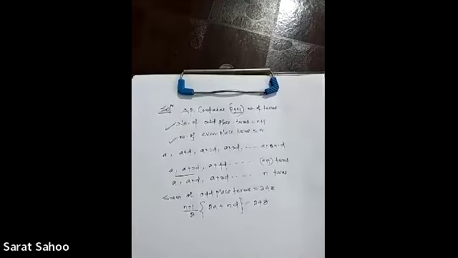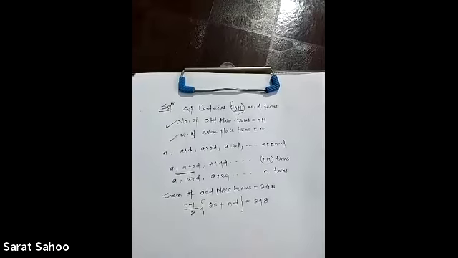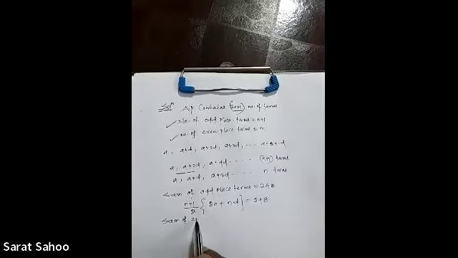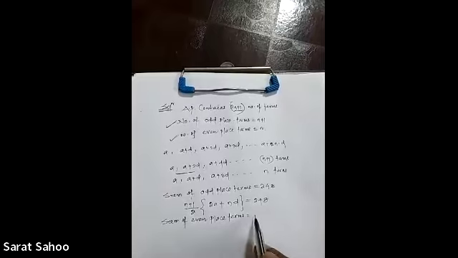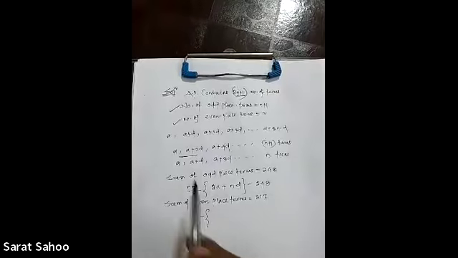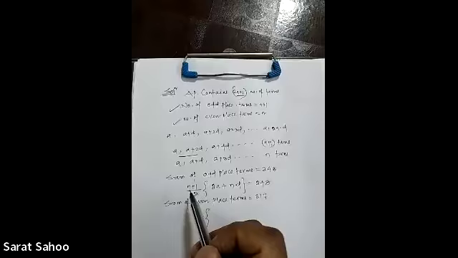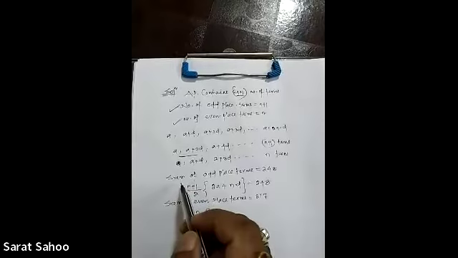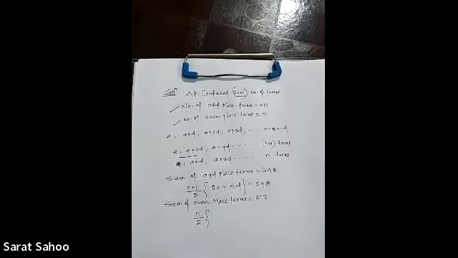Again, sum of even place terms is equal to 217. n by 2, the first term for the even place terms is not A, it is A plus D, A plus 3D like this.